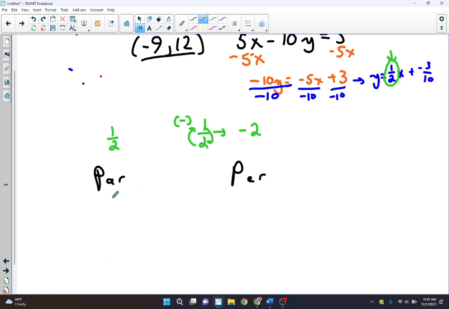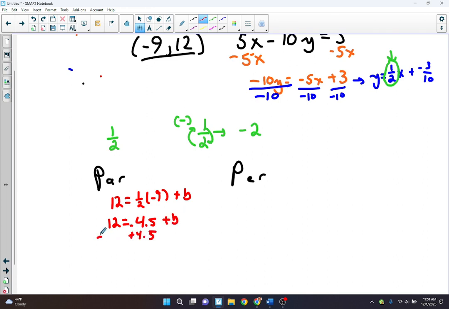So we have our point here, and we're just going to do each one. So 12 equals 1/2 times negative 9 plus b. This is a fraction. On your test, I'll try to avoid fractions in your answer. But 12 equals, or this is a decimal, I should say, 4.5 plus b.